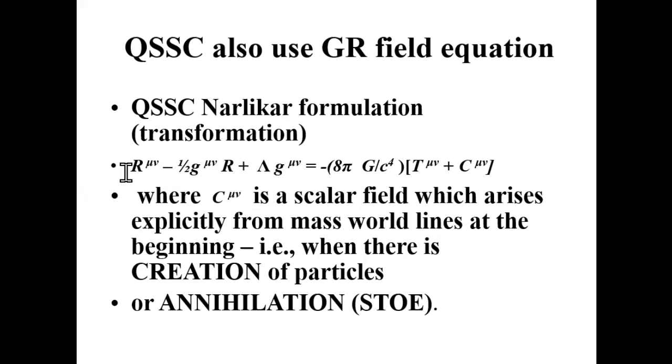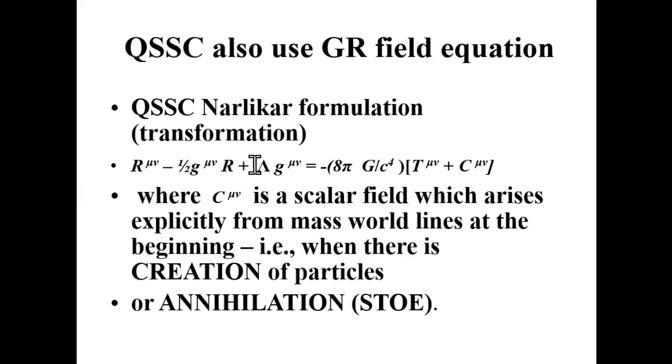It's a mathematical mapping. Take note of where the cosmological constant is. In the QSSC formulation, the thing that stands for, relatively, dark energy, the cosmological constant, is on the unreal side.